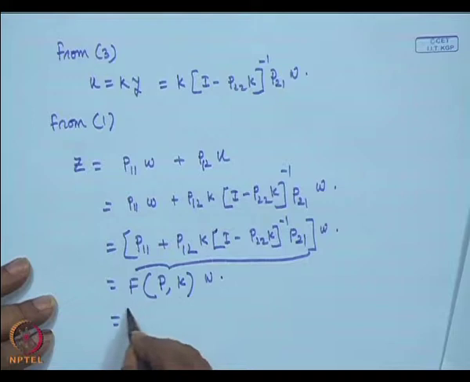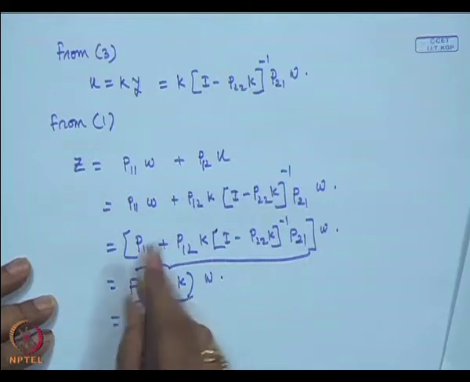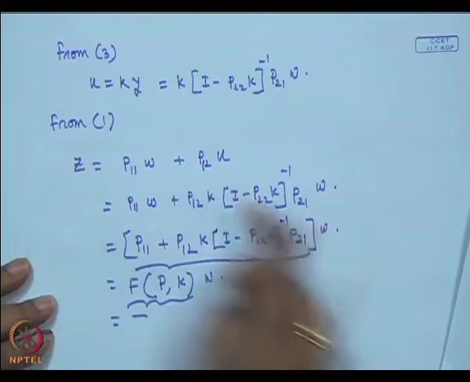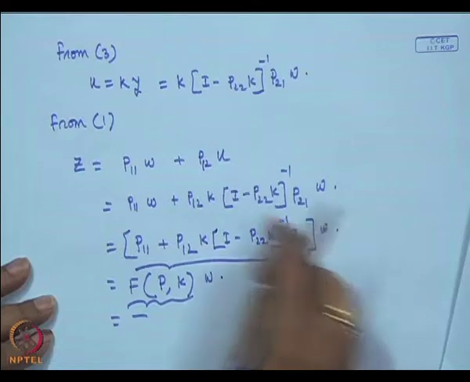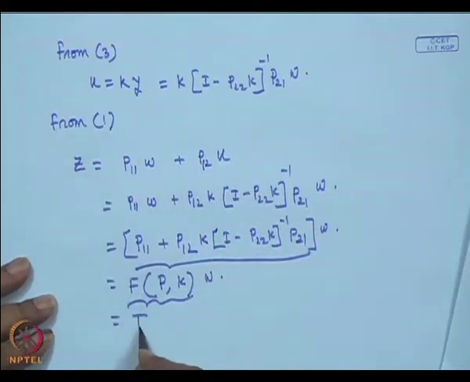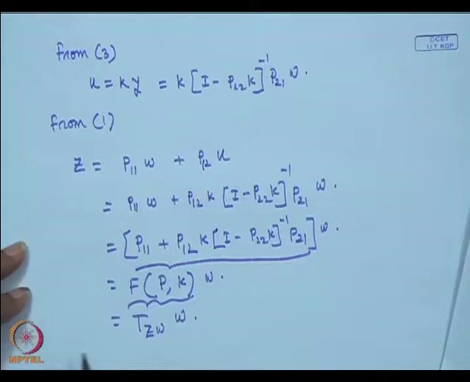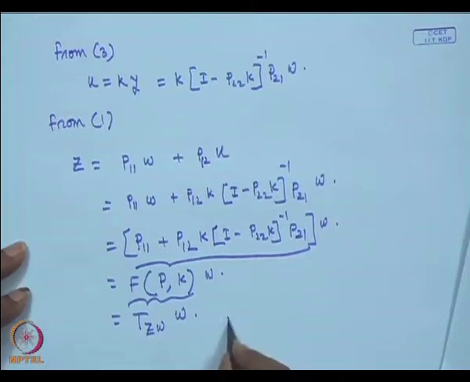So, this we denote by the transfer function between Z and W. W is the input, Z is the output. So, it is denoted by the transfer function between input W and output Z, this into W. So, what is our transfer function between this and this?